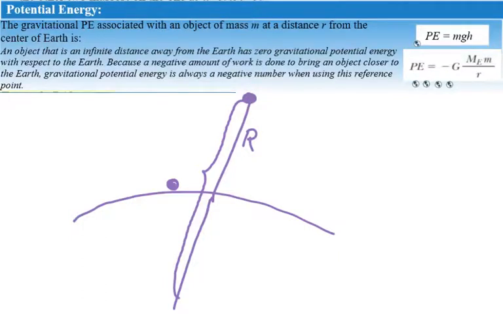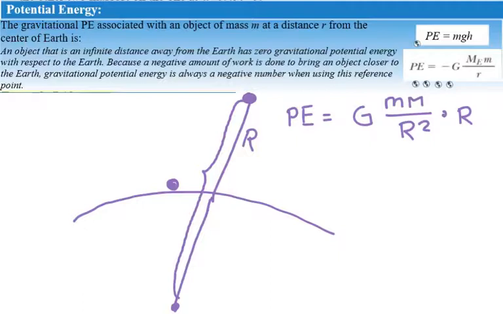The potential energy of it relative to the center of the planet, let's say Earth, is equal to the force acted on that object, which is the force of gravity, GMm over r squared, times the distance you raised it away from the center, which is r.